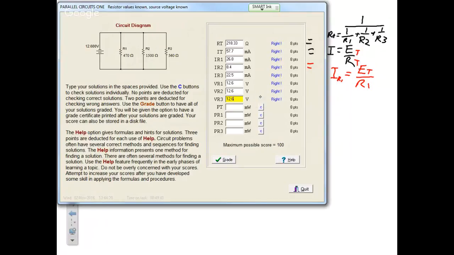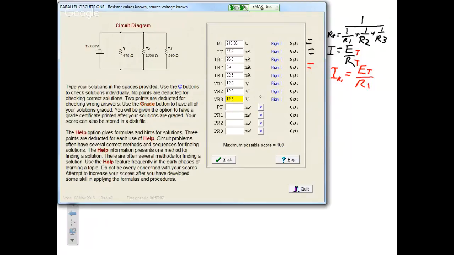Okay, so how do I calculate power total here? There are any number of ways, right? Pick one. What's an easy one? Total current. Okay, it's an easy one. Voltage times current.